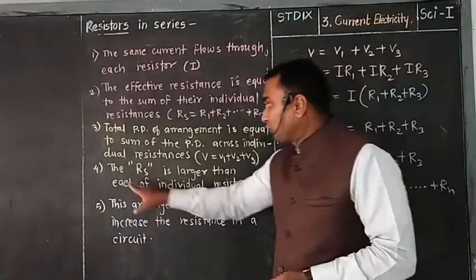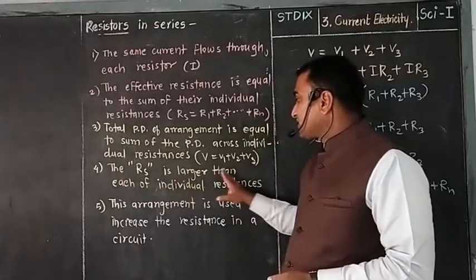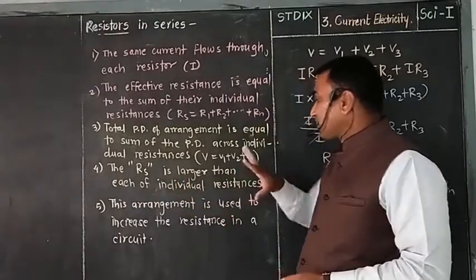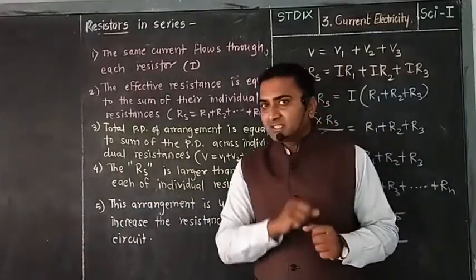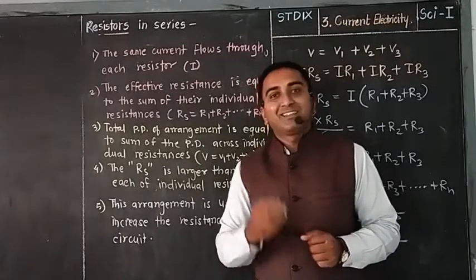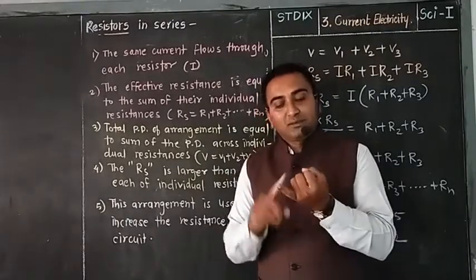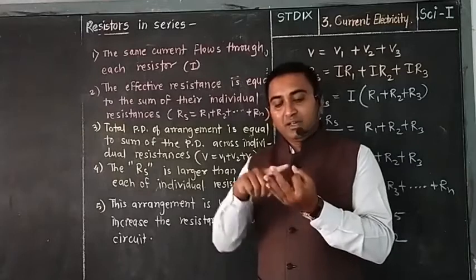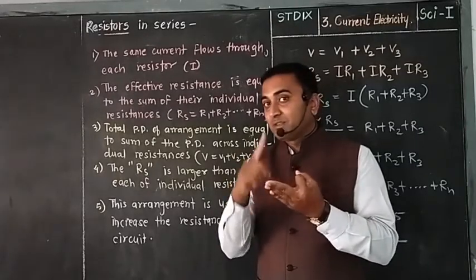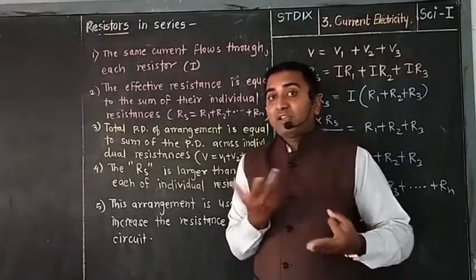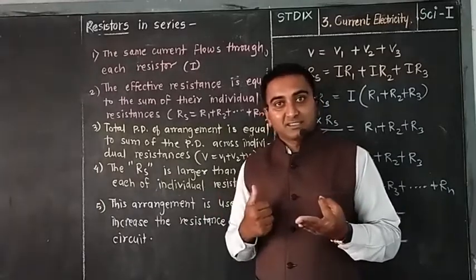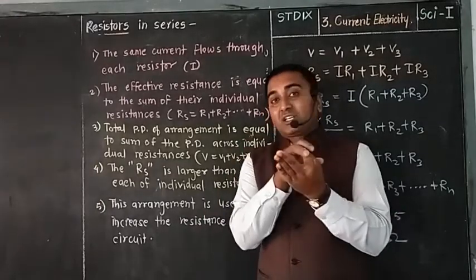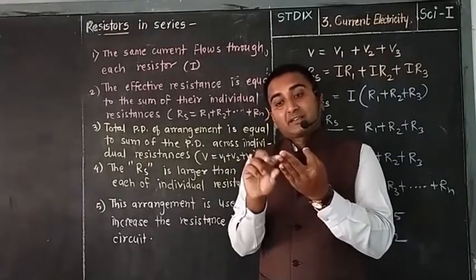And lastly, the fourth one: RS is larger than each of the individual resistances. See, how many resistances have we joined here? 3. One is of 2 ohm, second is of 3 ohm, and last is of 5 ohm. And what is the effective resistance? Just as we have discussed, that is 10 ohm. So 10 ohm is always greater than 2 ohm.